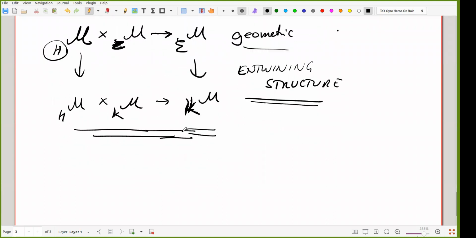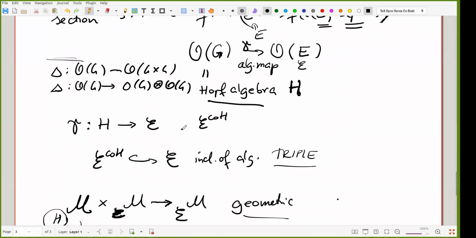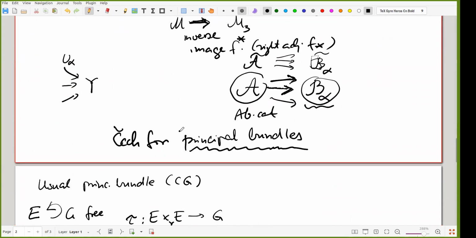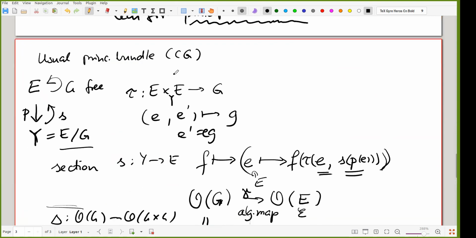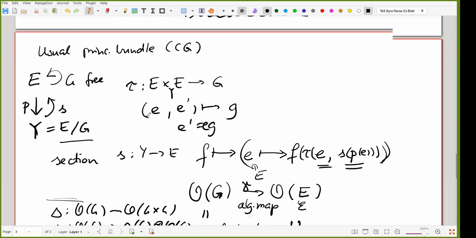And this will give many examples of how you can lift that. The simplest one is the one we had before, the principal bundle in the affine case. In the affine case, it was simply some algebra, and this action became a coaction. Everything was dualized.